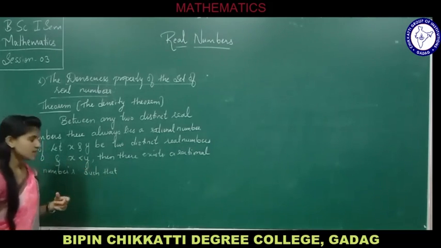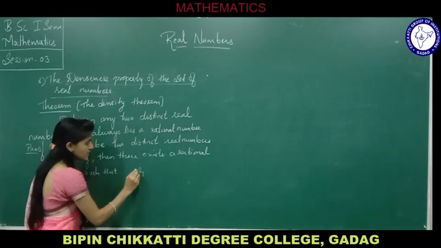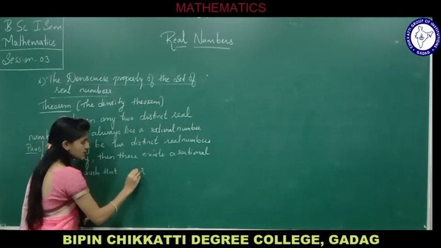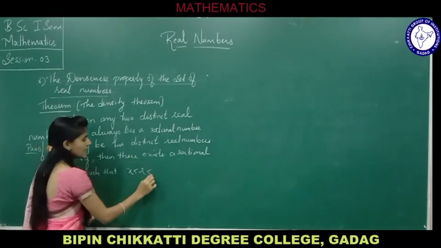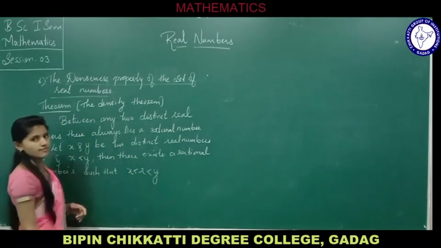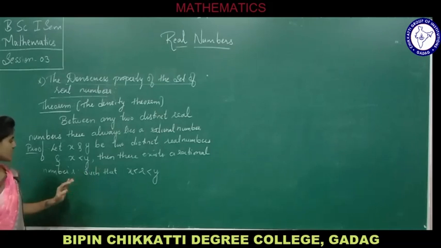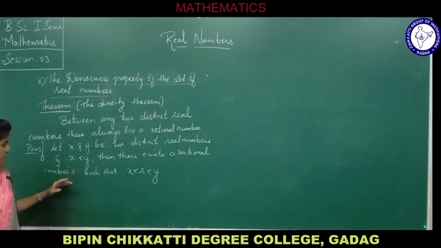Therefore, this r is greater than x and it should be less than y. There exists a rational number r such that r is greater than x and less than y.